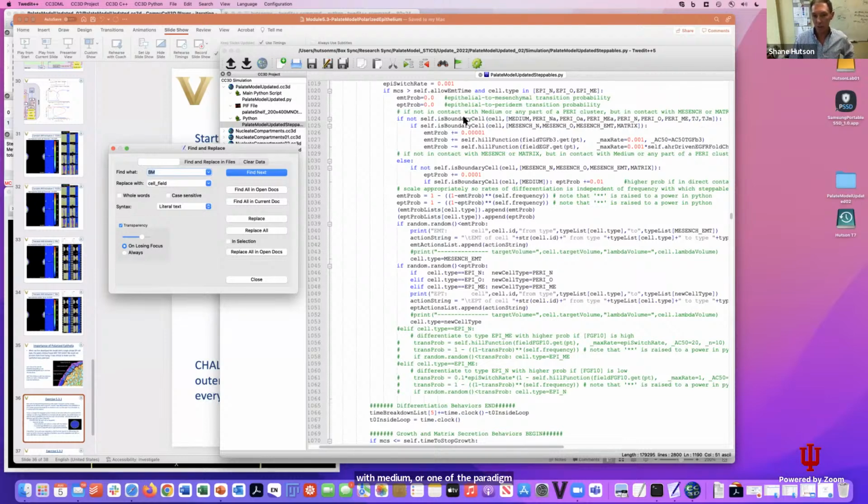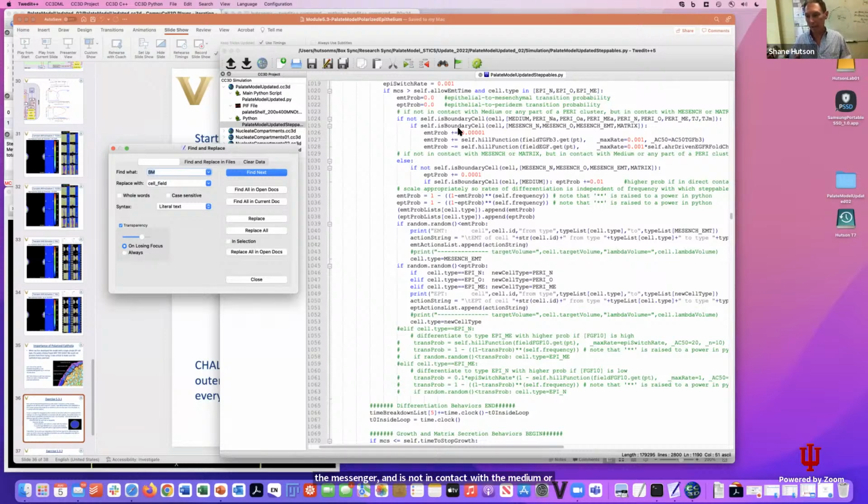If it is, this returns true, and we have if not that. So this proceeds only if it's not in contact with one of those kinds. Then it also asks, is that cell in contact with one of our mesenchymal cell types or the matrix? So it only gets inside this pair of if statements if our epithelial cell is in contact with the mesenchyme and is not in contact with the medium or the periderm.